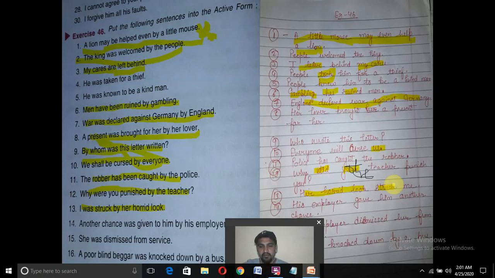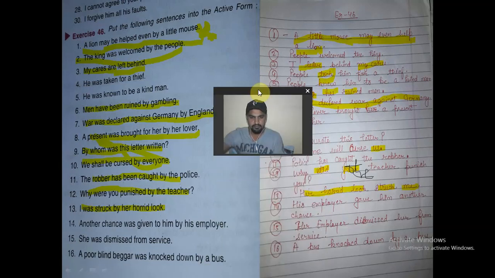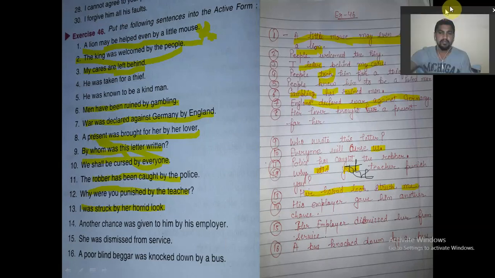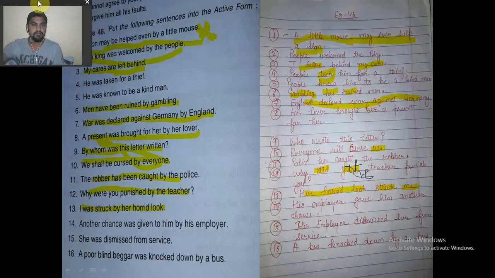Then I will be changed into me in the object's place. So me is the last word that we have written in the 13th statement. Then 14th question: another chance was given to him by his employer. The statement is carrying was plus given. You can see was plus given is used.